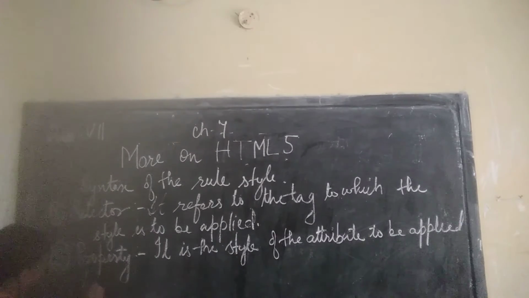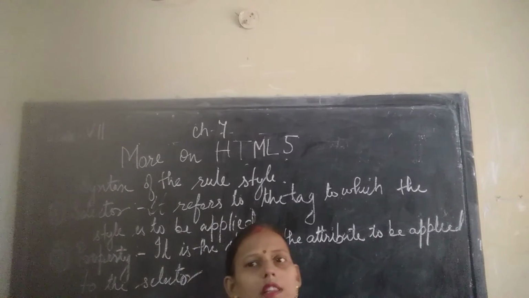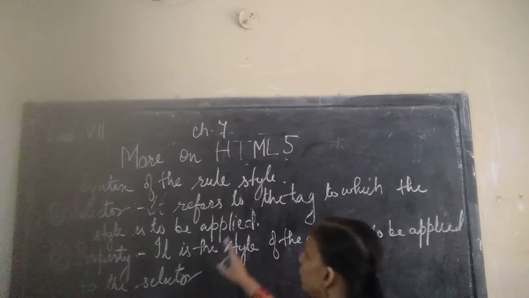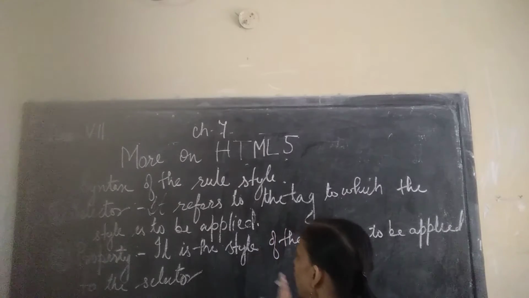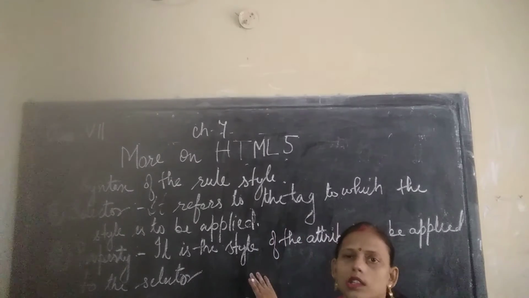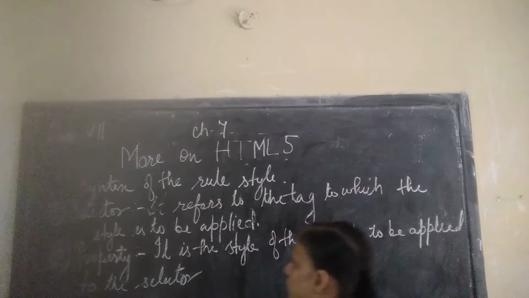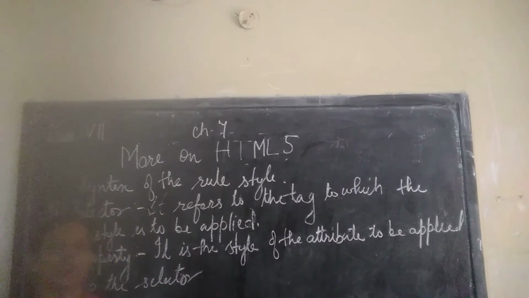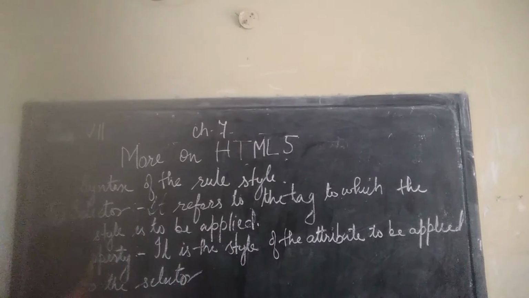That means whichever selector you have selected, there are some properties of that. So when you have selected the option in the selector, now you have to set the property of it. Every option has a property, so we have to set the property also. We will further discuss what the properties of each selector are.